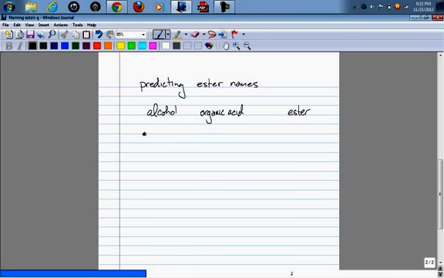So for example, if the alcohol is methanol and the organic acid is ethanoic acid, the ester is going to be called methyl ethanoate.